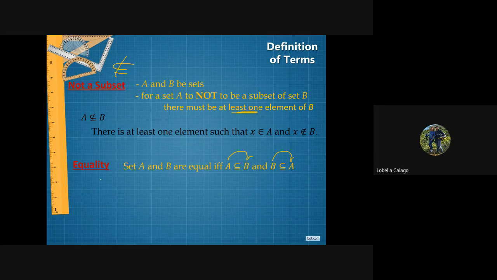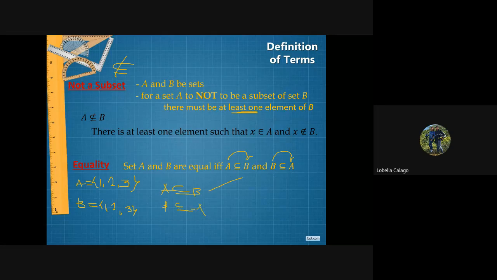For example, we have here 1, 2, 3. Yan ang A. We have B, 1, 2, and 3. So, is A a subset of B? Lahat ng 1, 2, 3, meron si B. Yes. Is B a subset of A?